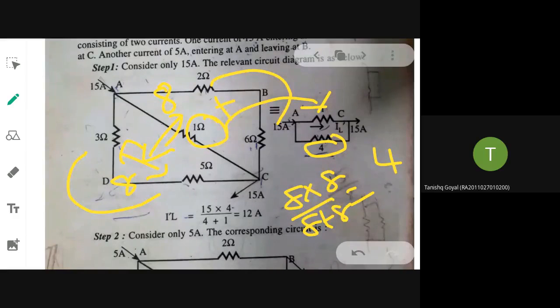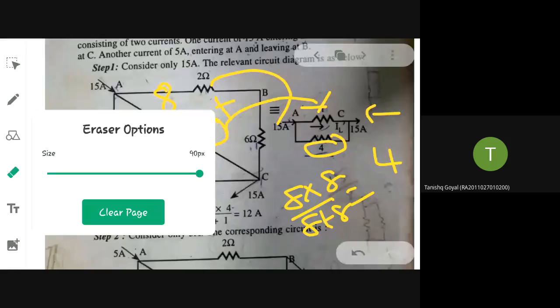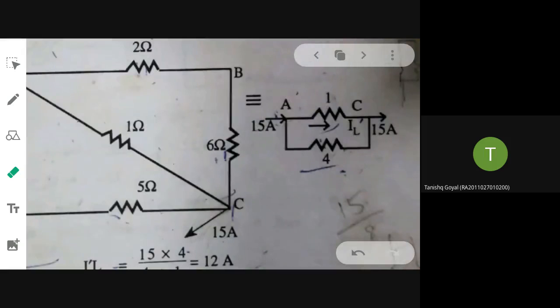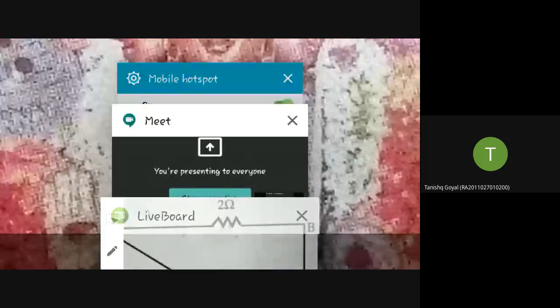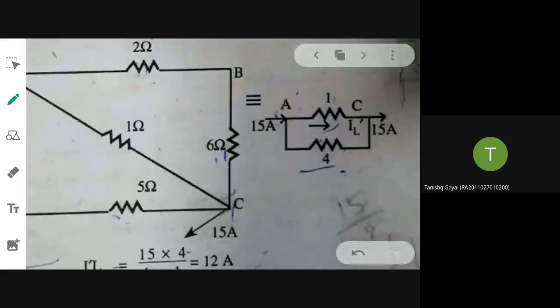Okay, now applying current division only. I want to find the current through this 1 ohm R3. So by applying current division, I1 ohm is the total current, 15 ampere, times the opposite value of resistance, 4, divided by the sum of the resistance, 4 plus 1.